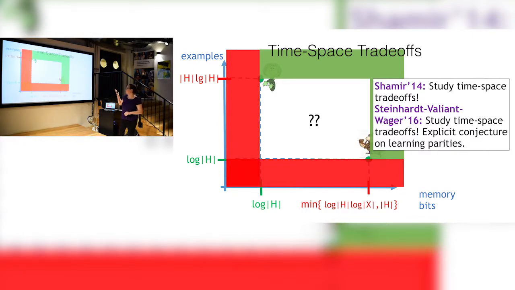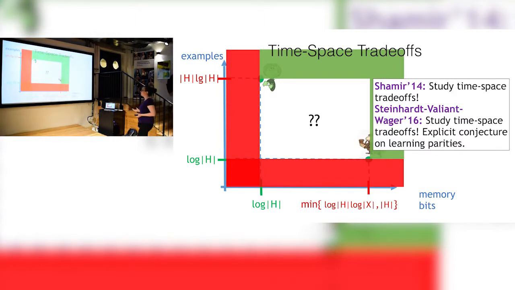So when you look at this table, what do you think? Immediately what we can ask ourselves is, what's going on here in the white square? Is everything over here green? Maybe we can have an algorithm that uses about log H memory bits and about log H examples.